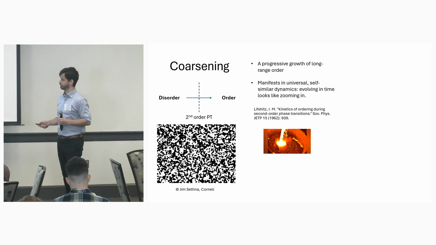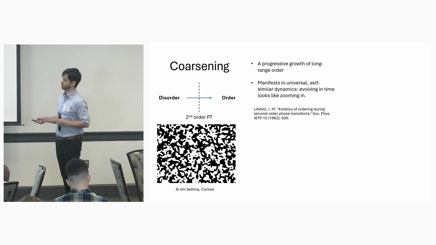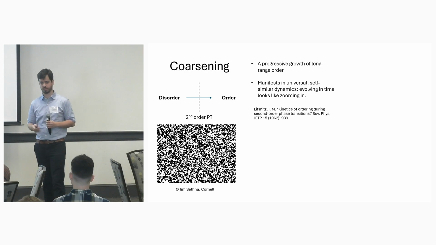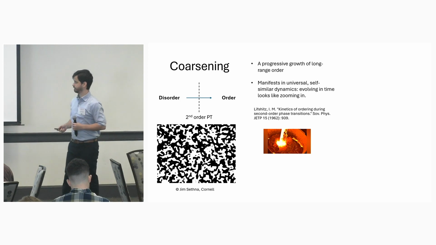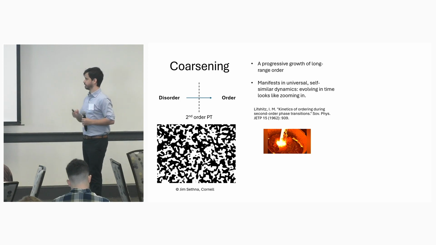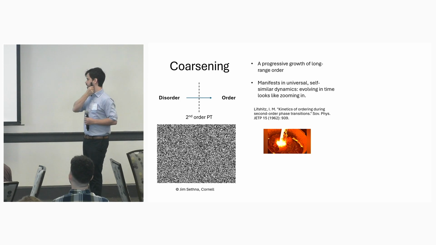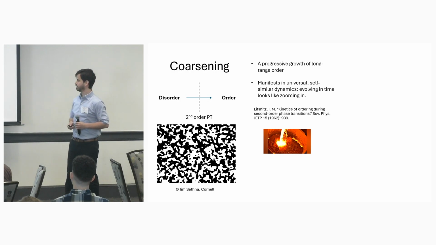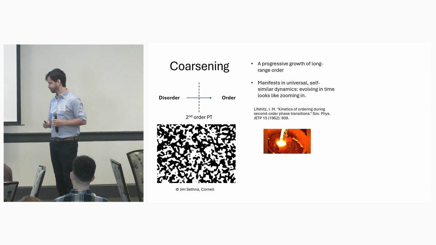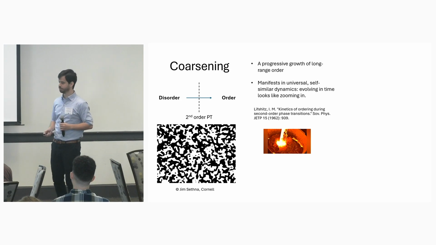There's an essential difference between these types of processes that happen in systems with second-order phase transition as opposed to the nucleation and expansion that you get in systems with first-order phase transitions. And this is a generic process in nature, so it's important for many different things, including creating iron, including the composition of minerals and rocks, including balsamic vinegar and oil in your salad dressing.